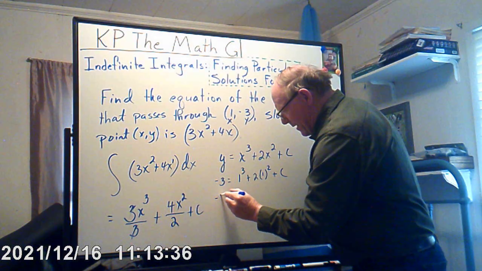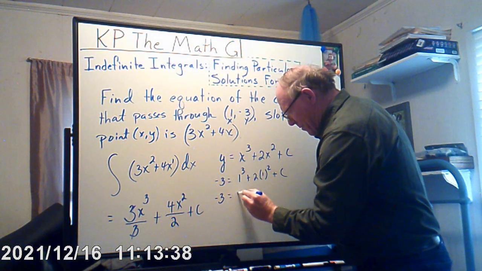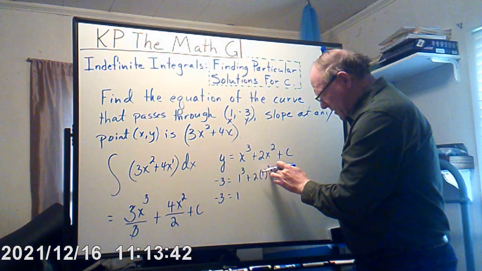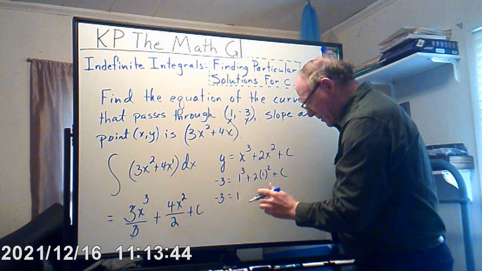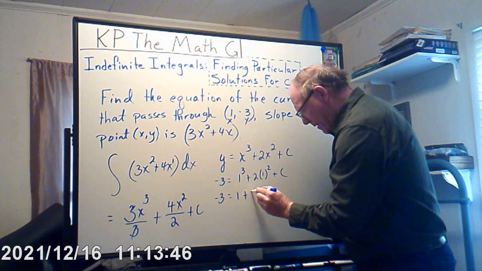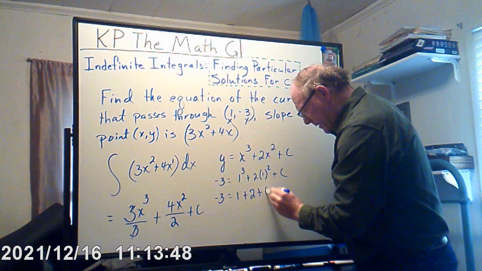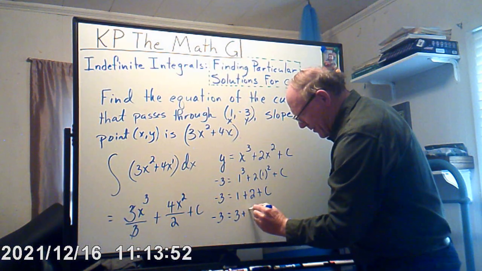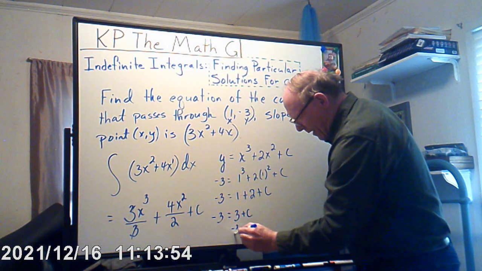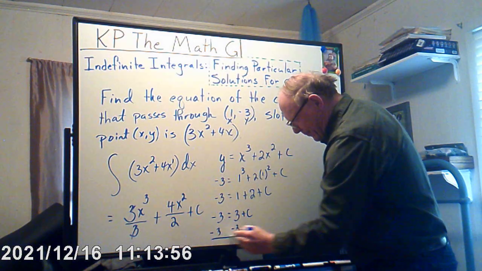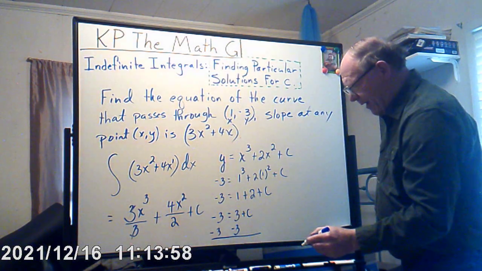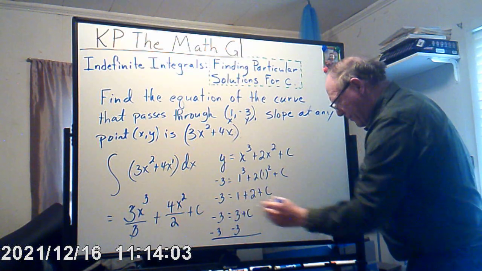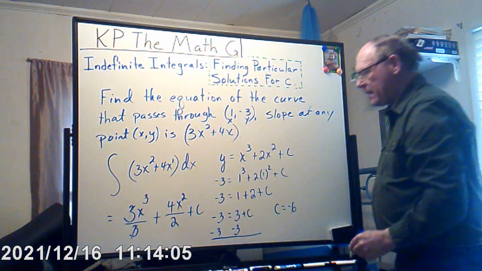So here it is. Negative 3 is equal to 1 cubed, which is 1, plus 2 times 1 squared, which is 2, so 2 plus c. Negative 3 is equal to 3 plus c. Then when I subtract 3 on both sides, c equals negative 3 plus negative 3, which is negative 6.